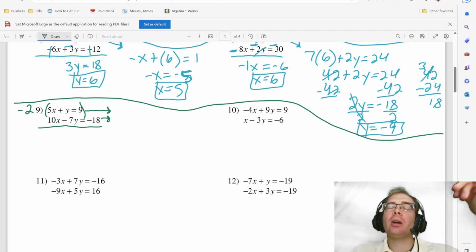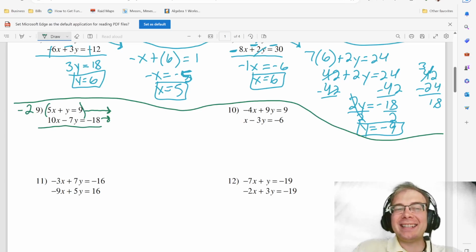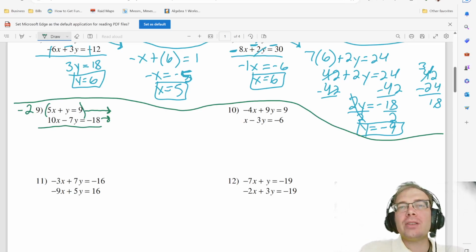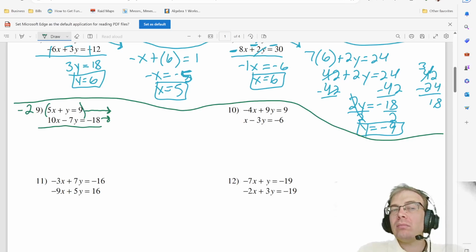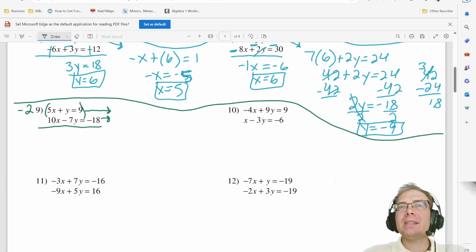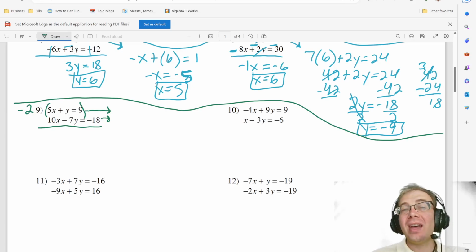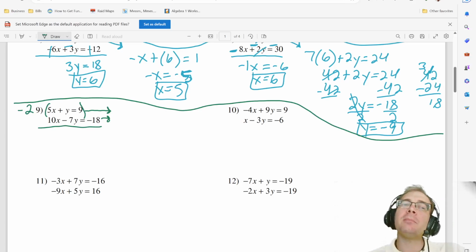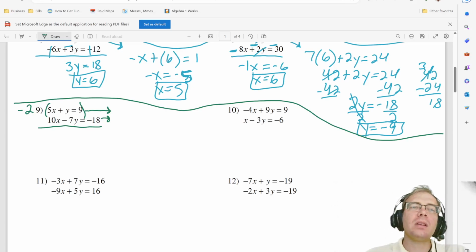We want to work smart here, because it's already hard enough as it is. If I multiply the first equation by a negative 2, negative 2 times positive 5 is negative 10. So negative 10x plus 10x, that would cancel. That's easier, it's less work, because I'm multiplying by 2 instead of 7. Okay, so I'm going to do that.